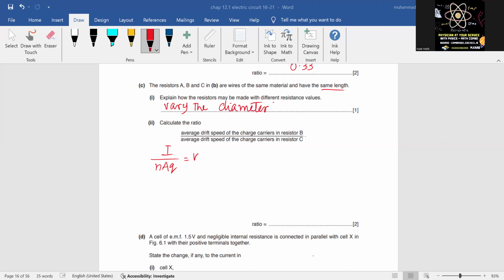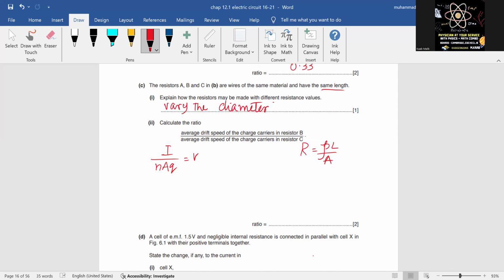Okay, so resistance is equal to rho L over A. We have to use these two formulas. Because we don't know the A and we also don't know the v, right? And the rest of the things are known, right? Rho, L, and n remain the same. n, q, rho, and L, these are the four things that are the same, right?